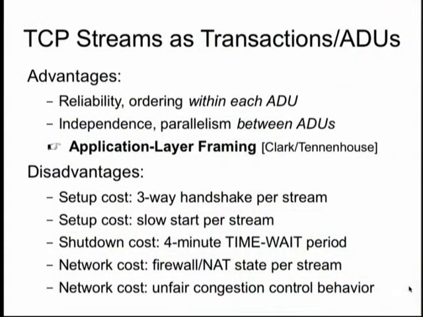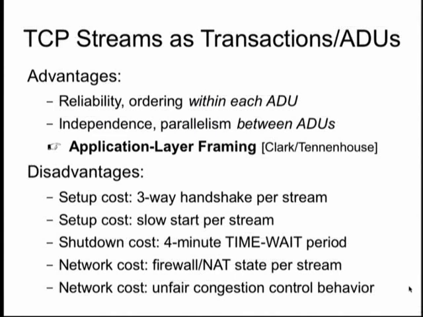Unfortunately, this approach to using TCP has a lot of serious disadvantages. They're all practical. First of all, you have serious setup delays, the three-way handshake at the beginning, followed by slow additional round-trip delays to get the congestion control slow started.